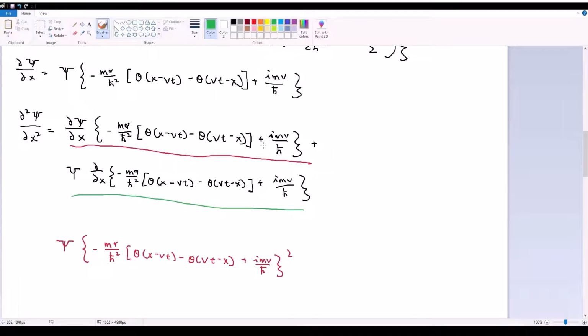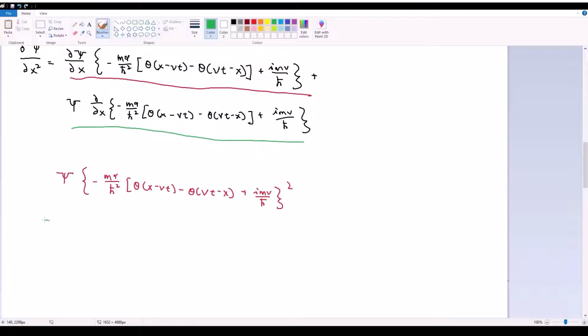And then the green expression is going to give us psi multiplied by, the negative m alpha over h bar squared comes out as normal, and then we have the derivative of the interior terms. So this is going to give us a Dirac delta of x minus vt, added with a Dirac delta of vt minus x, because the negative one carries out, and the i mv over h bar doesn't survive.